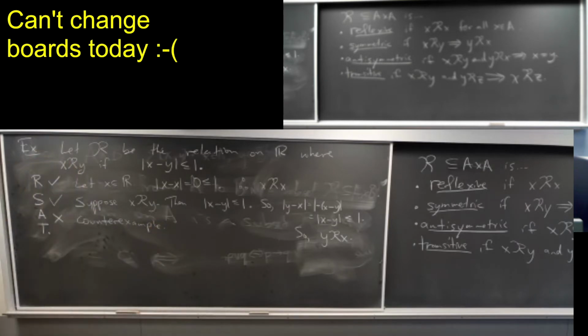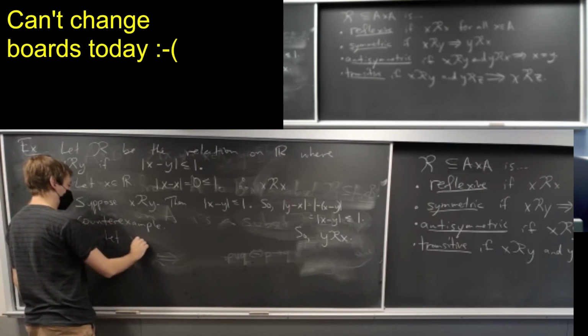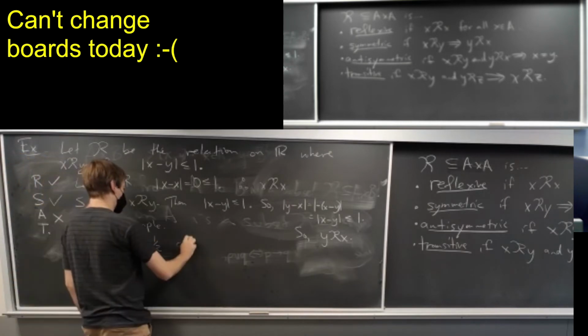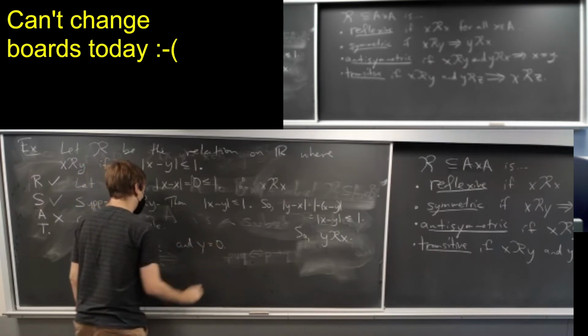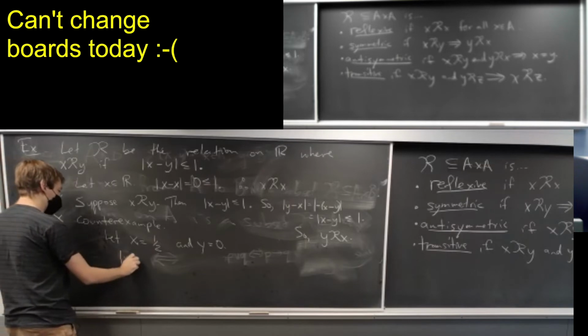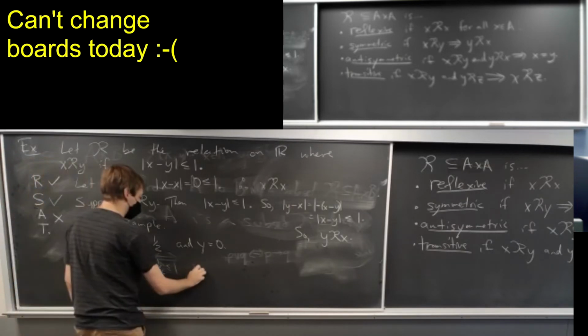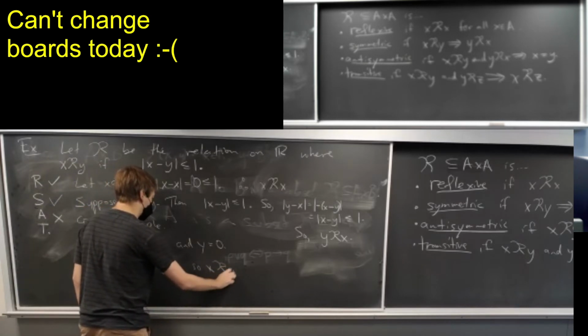There's bazillions of counterexamples you could give, but I'll let x be a half and y equal 0. Then if I look at x minus y in absolute value, that's a half, which is at most 1. So x is related to y.